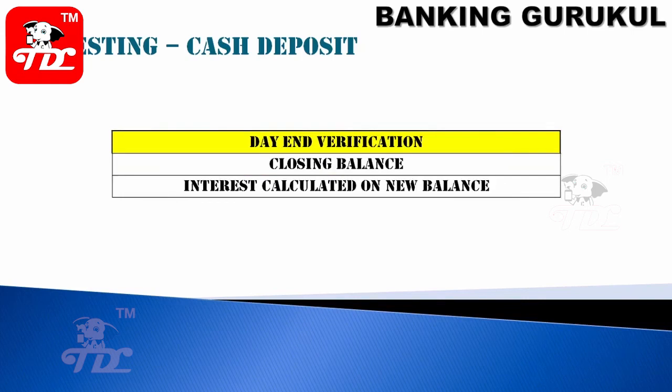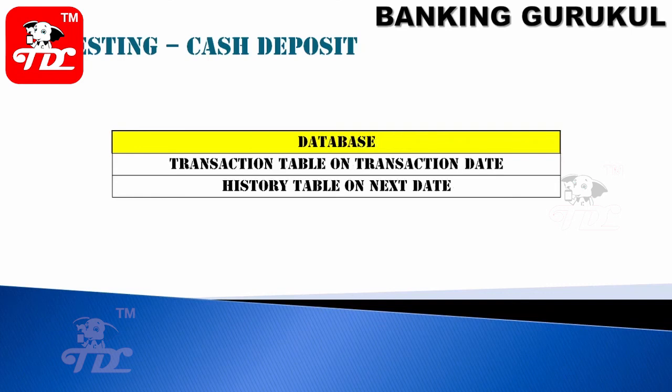Day end verification: whether whatever cash deposit you have performed today has updated the account closing balance, whether the cash deposit transaction is included for the interest calculations, and whether interest is calculated on the new balance. Database: you can verify the database.